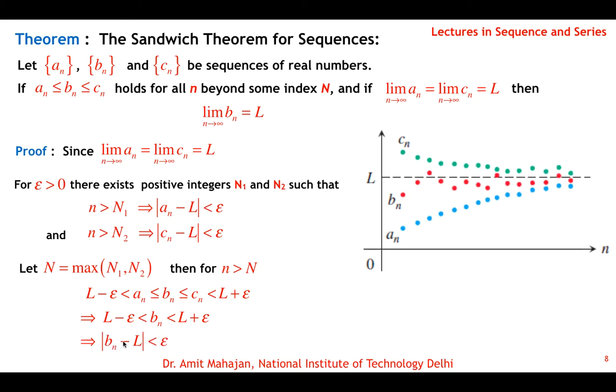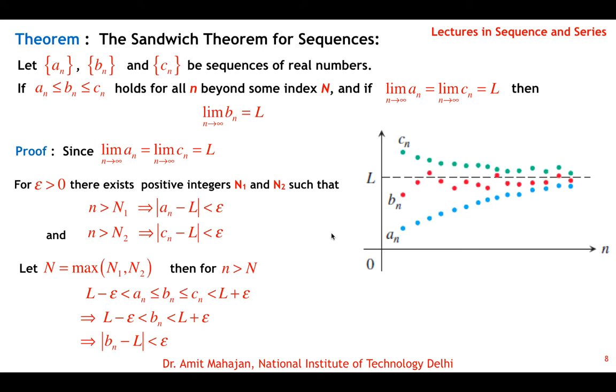That means for all n greater than capital N, the b_n's lie within epsilon distance from L, which is the definition of convergence of a sequence. So it immediately implies that the sequence b_n converges to L, and we can write the limit as n tends to infinity of b_n is L.